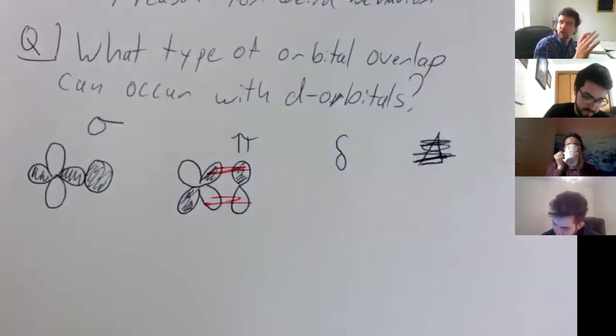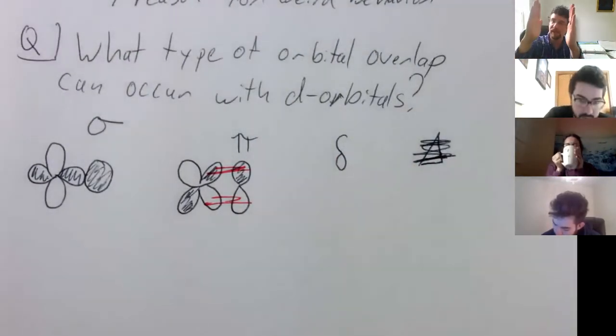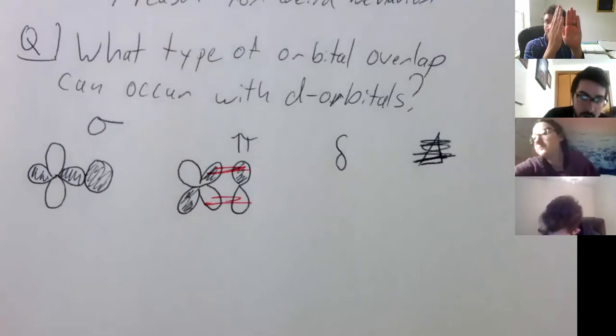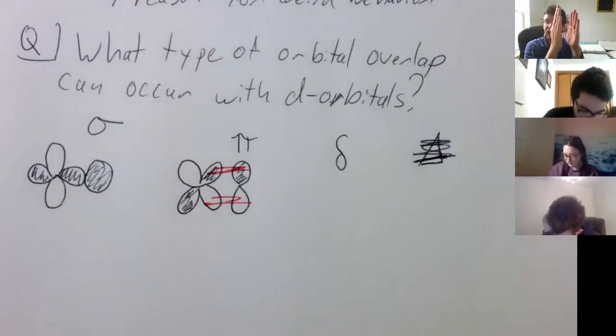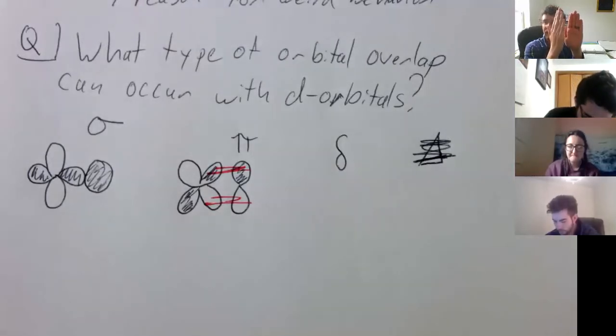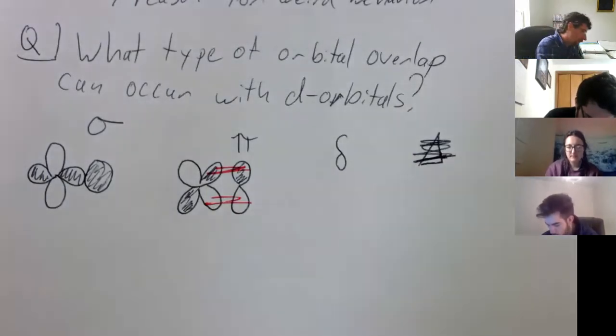Okay. We're going to try to draw these with the d orbitals along the sides, so kind of like my hands interacting with one another right now. We're going to show them kind of like that. So there's sort of that overlap that way. We're going to try to draw it.